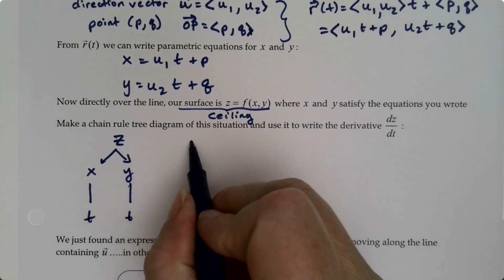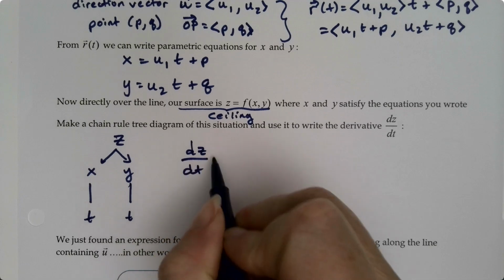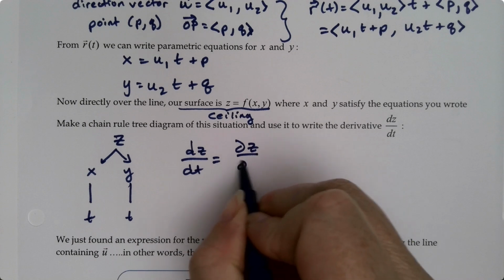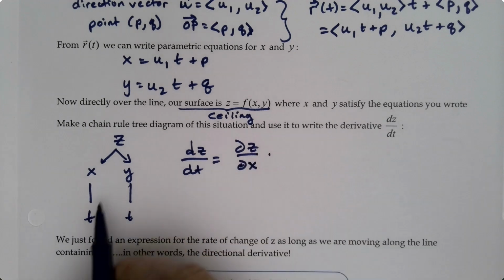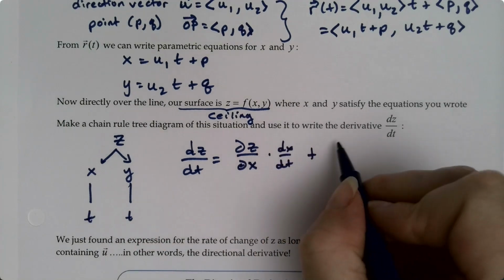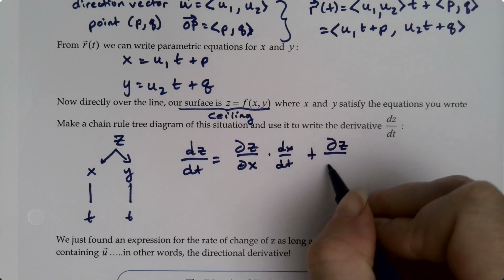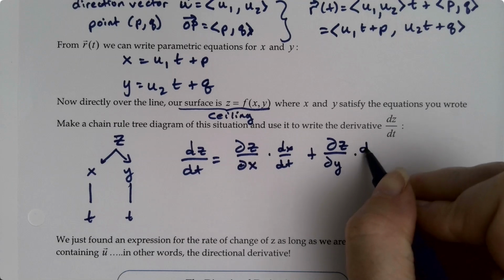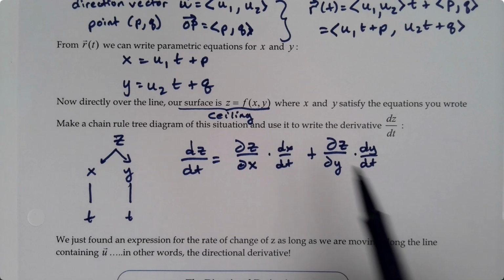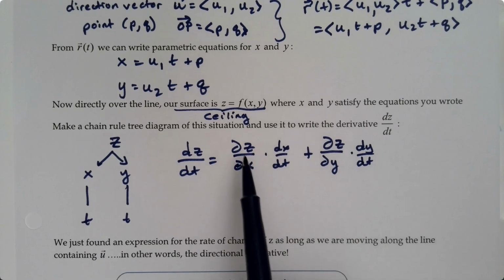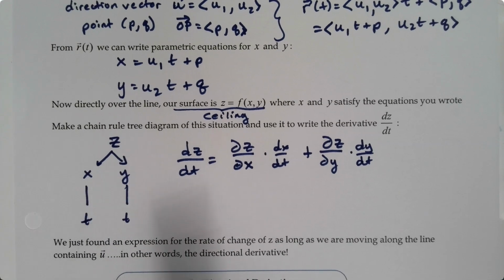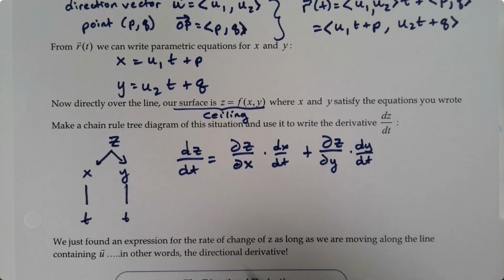So that means that dz/dt is equal to the partial derivative of z with respect to x times the derivative of x with respect to t, plus the partial derivative of z with respect to y times dy/dt. Notationally, they're slightly different just because z has two options. When that's the case, we use the delta. X only had one option, so we use the d, but functionally they'll work pretty much the same.